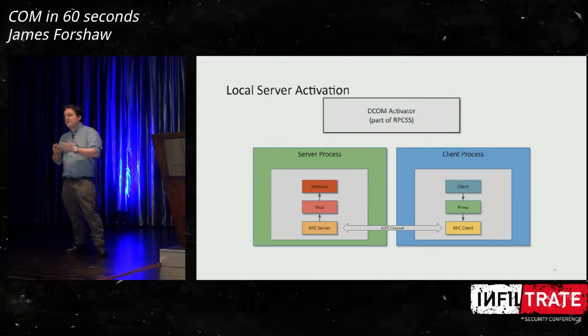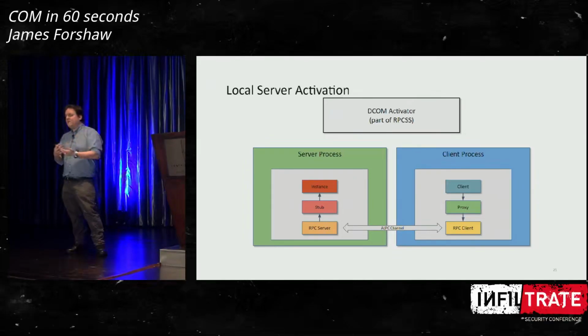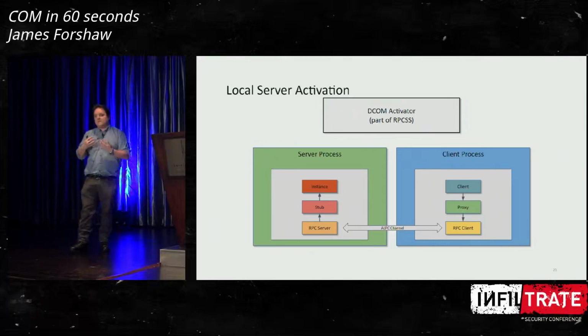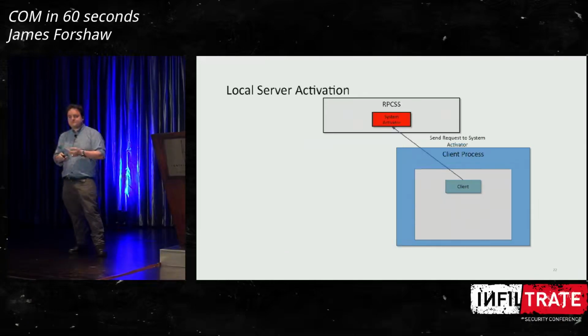If a class could be used by multiple clients, every time a client wants to access it, it spawns a new executable. That's probably not very efficient. So as part of the RPC subsystem is something called the DCOM activator. And the DCOM activator is the system service responsible for managing instantiation of COM objects out of process.